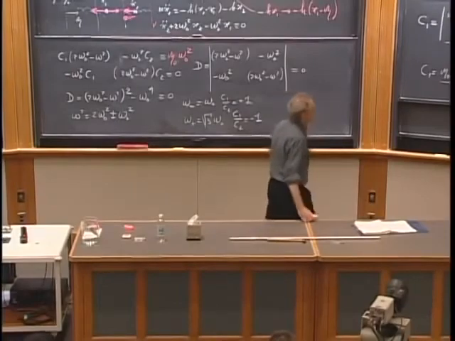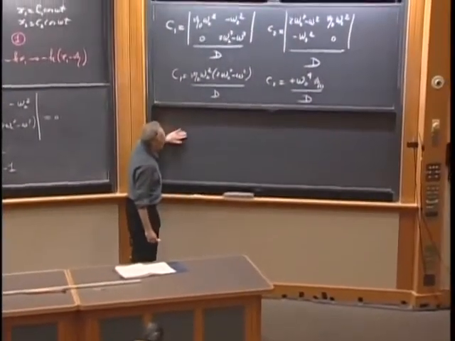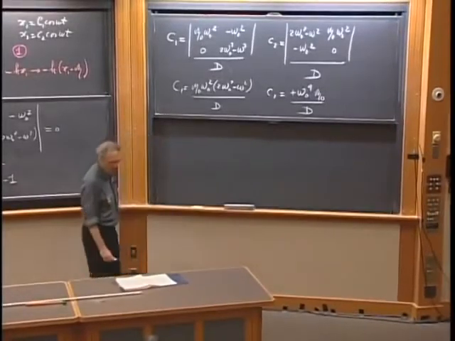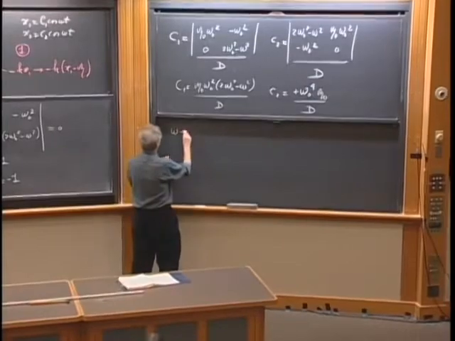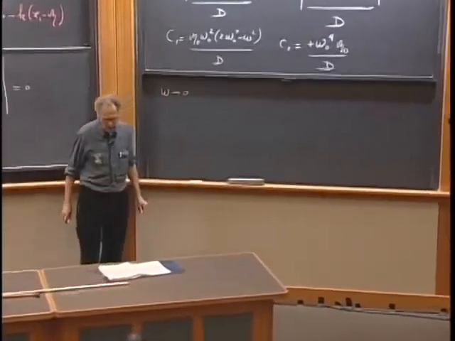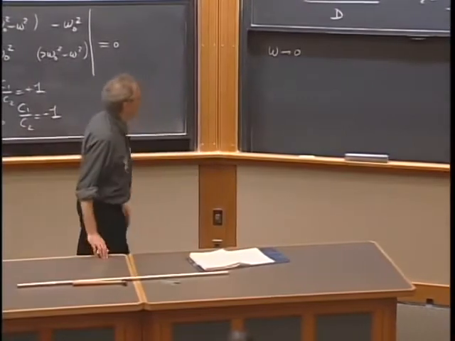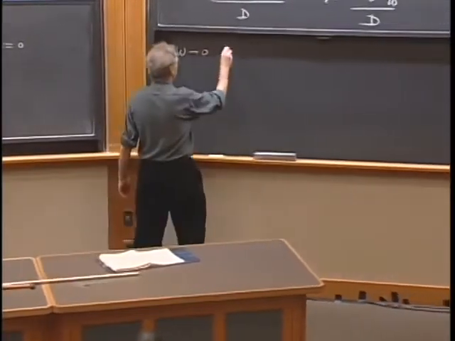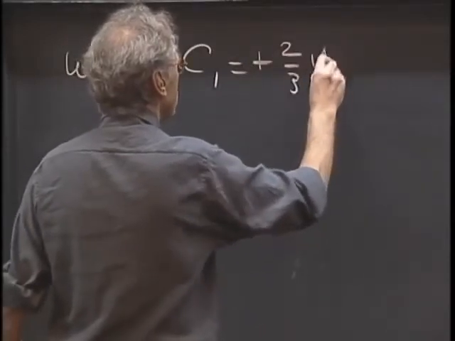If you want to see what the amplitudes now are as a function of omega, it's a very, very interesting behavior. What helps is you go omega first to 0, and then you see what happens. And it's not so intuitive what happens. If you put in omega equals 0, you'll find that C1 is plus 2/3 eta 0.